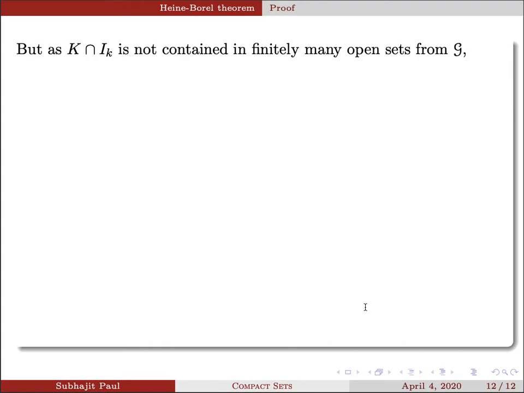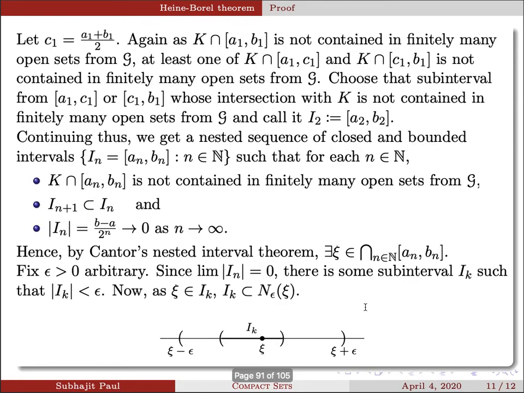But as K intersection In is not contained in finitely many open sets from G, this is the first condition, that K intersection In is not contained in finitely many open sets for every n.